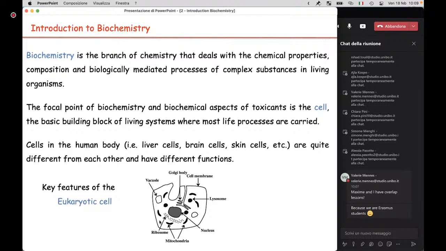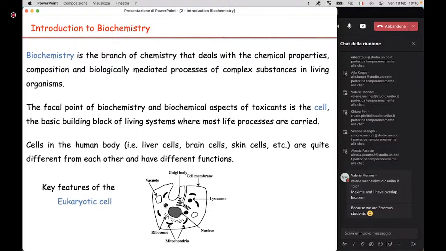We have a cell membrane that encloses all the cell and also the small organelles within the cell. Each of these structures has a smaller membrane that envelopes it.